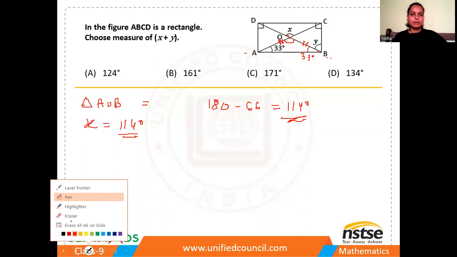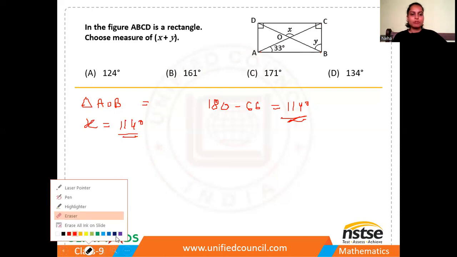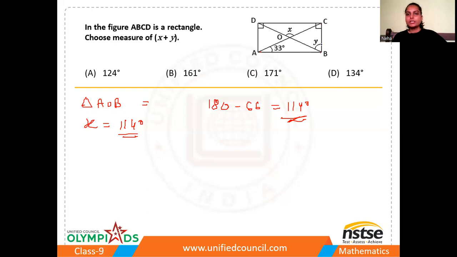Let me erase this part because now I have the value of angle x, so that we can make it more clear. Alright. So this angle is what, my dear students? This angle is 90 degrees, right? So if this complete angle is 90 degrees, this angle is 33 degrees. So I can get this angle very easily, right?